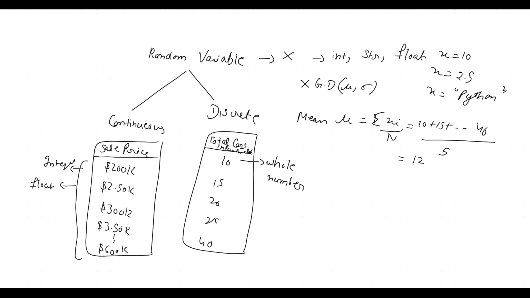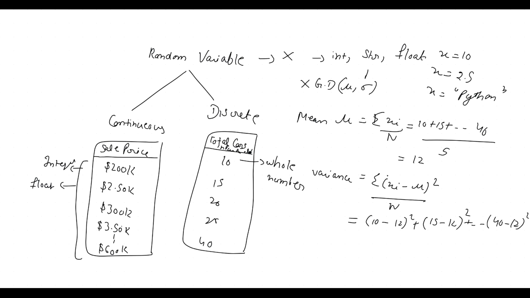Now if you want to find out the standard deviation, you first need to calculate the variance. So what is variance? The variance formula is this one: xi minus mu, squared. Then it is going to be 10 minus 12 squared, 15 minus 12 squared, and so on, again divided by the total number.